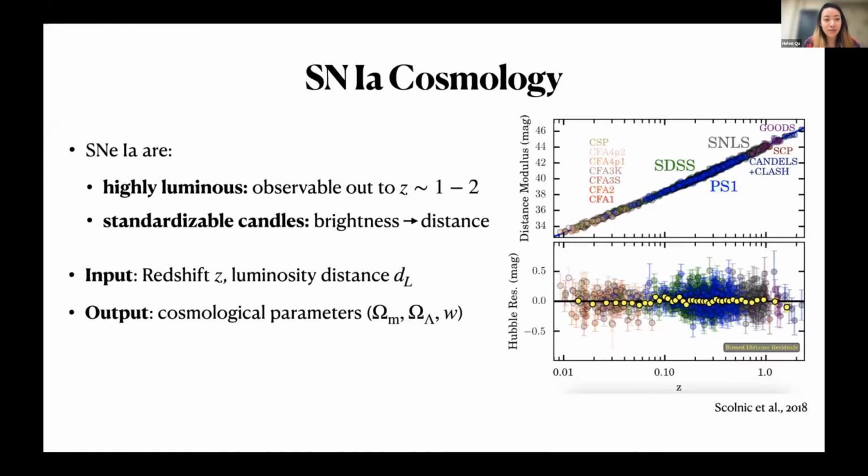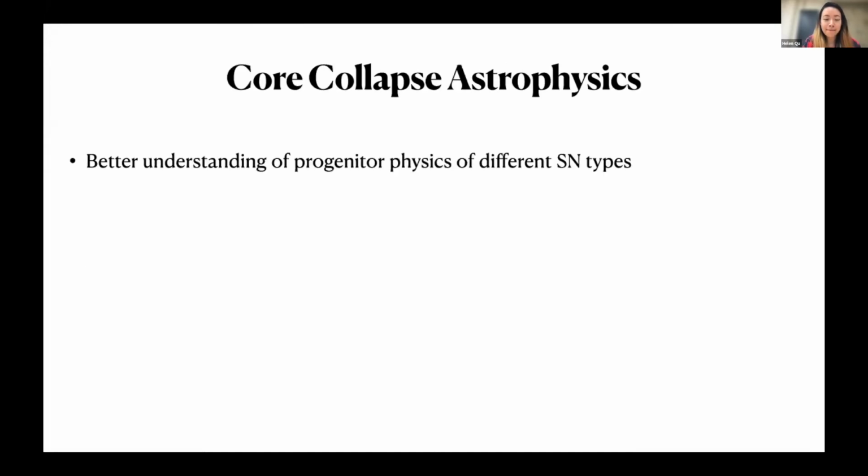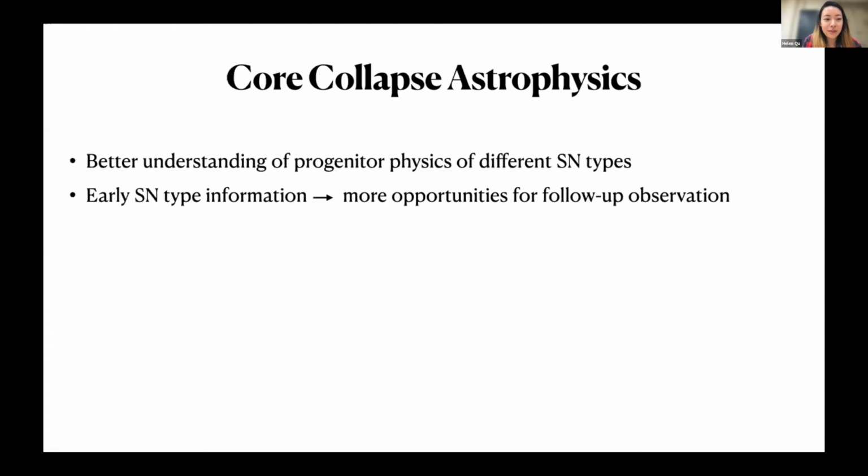We can use this Hubble diagram to infer the best fit cosmology parameters, such as these energy density parameters and the dark energy equation of state parameter w. And for core collapse astrophysics, we're primarily interested in understanding the progenitor physics of different supernova types. The earlier we can get supernova type information, the more opportunities we have for follow-up observation.